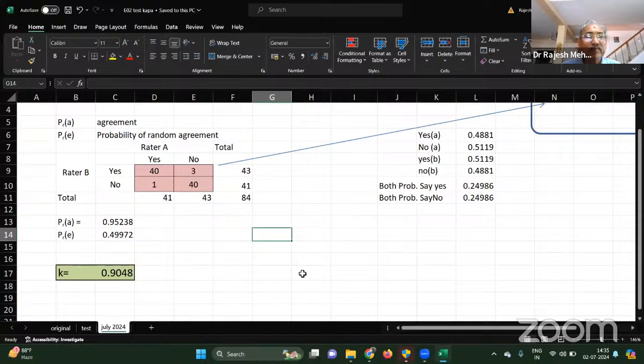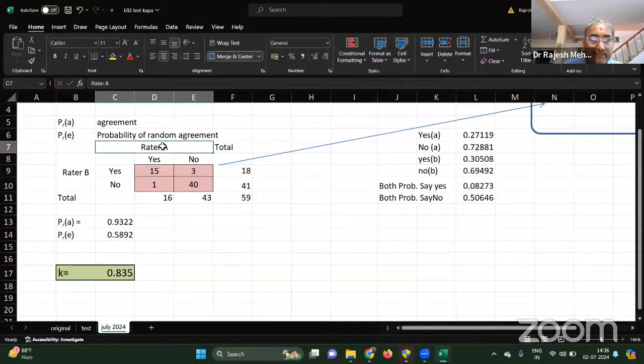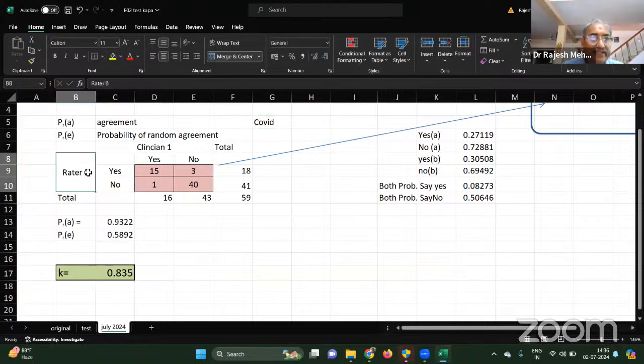Now here, suppose two clinicians are giving a diagnosis. Rater A means clinician one, and suppose there is a disease, COVID, for the clinical judgment, and this is clinician two.